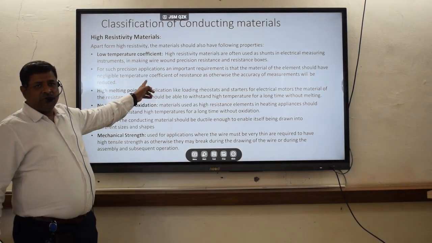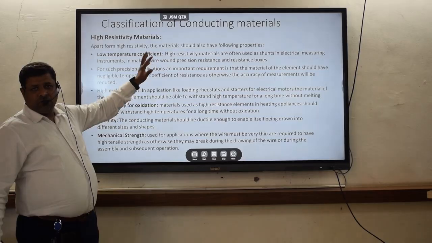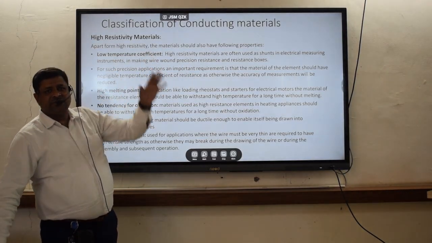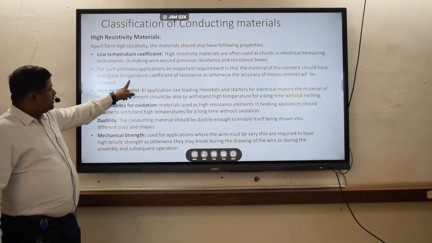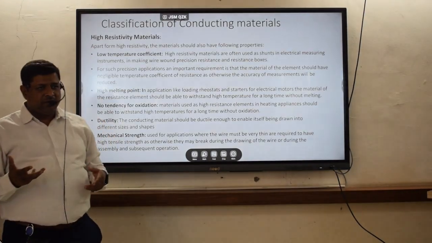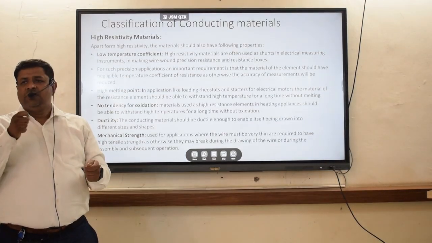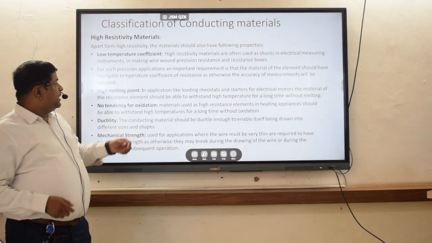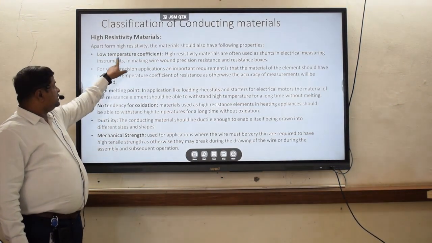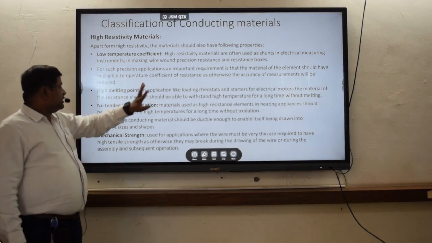To get precise readings, even if the material does not have a very low temperature coefficient, we can use shunts in between to bypass the extra current, for instruments like an ammeter or voltmeter used for checking the voltage across two points. So if you use a high resistivity material, you have to take care of the temperature coefficient by making shunts in that circuit.